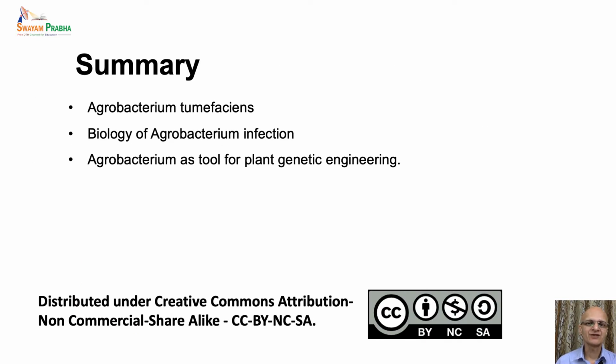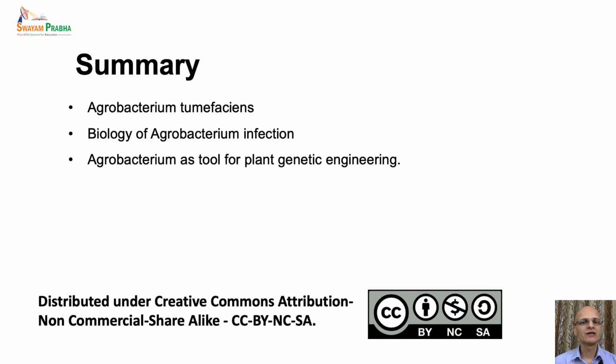In the last lecture, we learned about the physical or the direct methods of plant transformation, like microinjection, electroporation, or the particle bombardment method. Now, in this lecture, I will discuss the Agrobacterium mediated plant transformation, which is an indirect method of plant transformation.